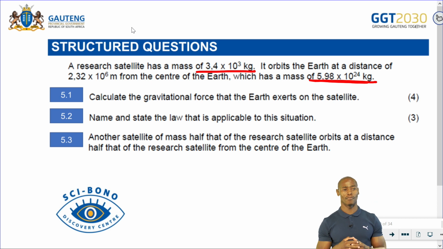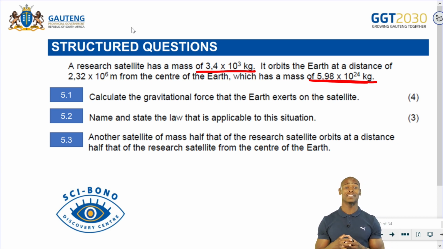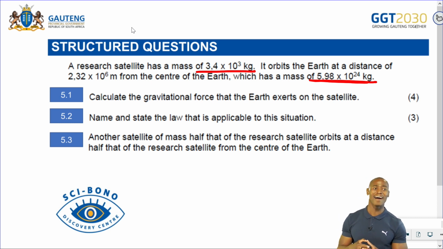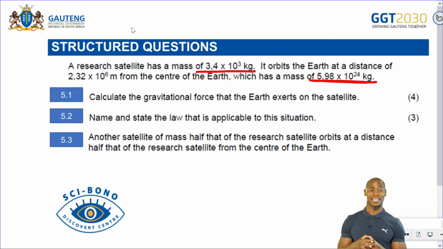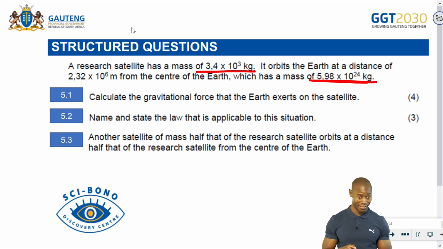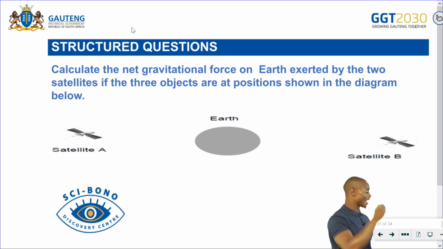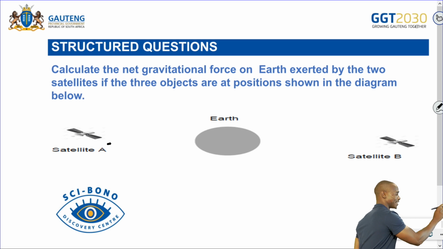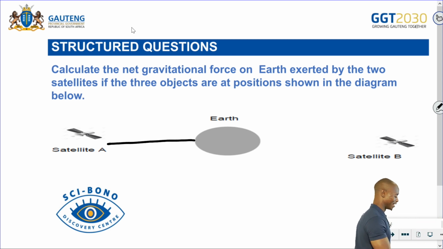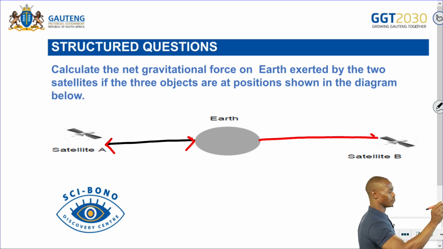Right. Then this question, this is the last question. Another satellite of mass half that of the research satellite orbits at a distance half that of the research satellite from the center of the Earth. So we are having 2 satellites. Satellite A is the one that we're dealing with initially, and then we're having a new one now.